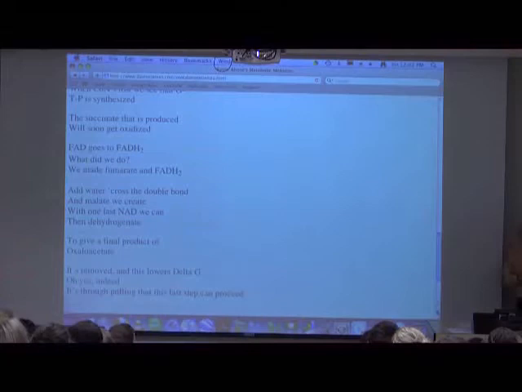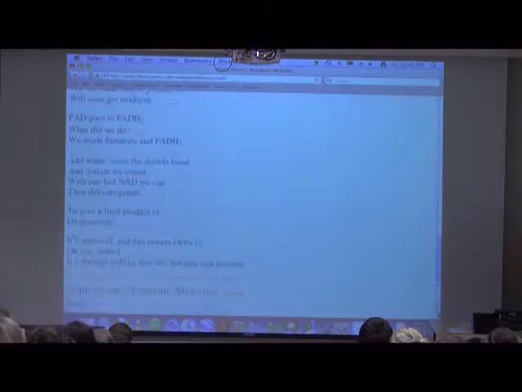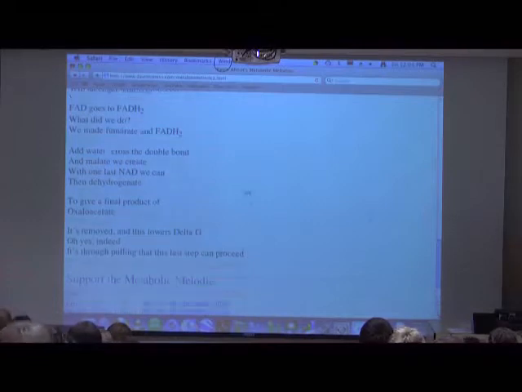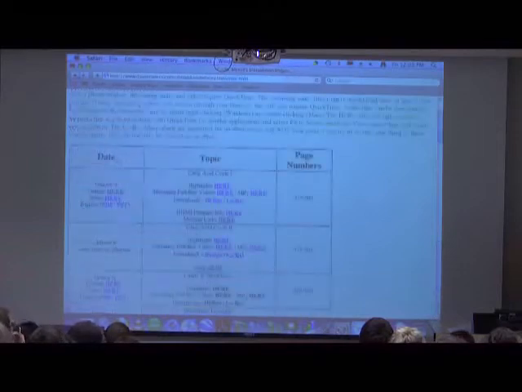FAD goes to FADH2. What did we do? We made fumarate and FADH2. Add water across the double bond and malate we create. With one last NAD we can then dehydrogenate to give a final product of oxaloacetate. It's removed and this lowers delta G. Oh yes, indeed. It's through pulling that this last step can proceed. Very good. So, all right.